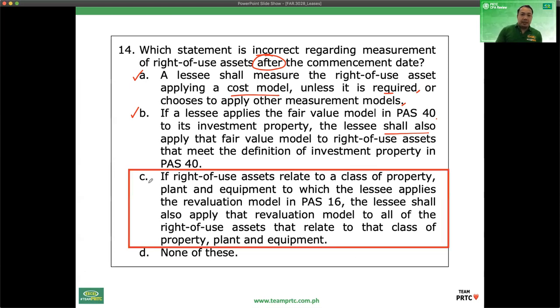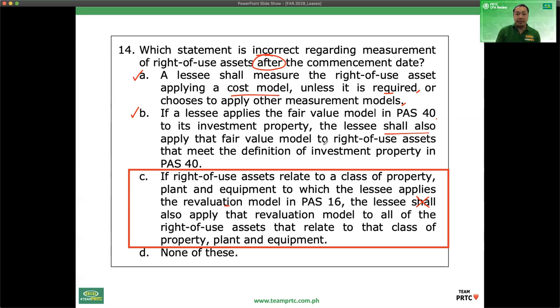C is incorrect. If right of use assets relate to a class of PPE to which the lessee applies the revaluation model, the lessee, the word shall is wrong. Okay? So it is optional. The lessee may also apply the revaluation model to all of the right of use assets that relate to that class of PPE.